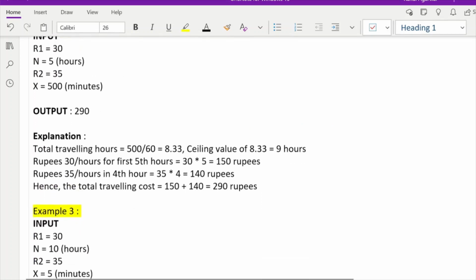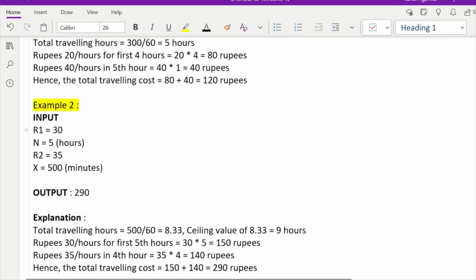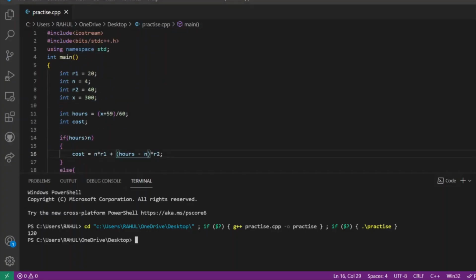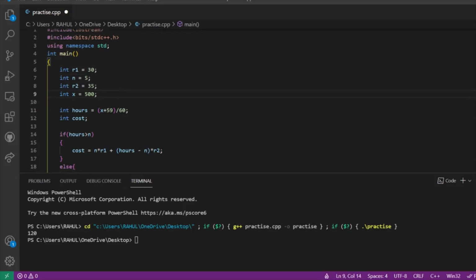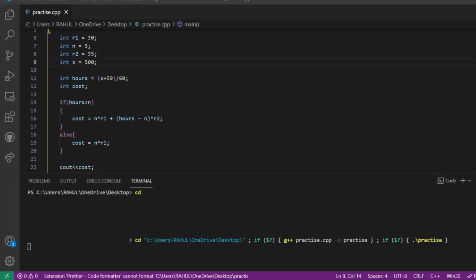Okay, so if you want we can check for other inputs as well, that is 35, 35 and 500. 30, 5, 35 and 500, and let's check the output for this.